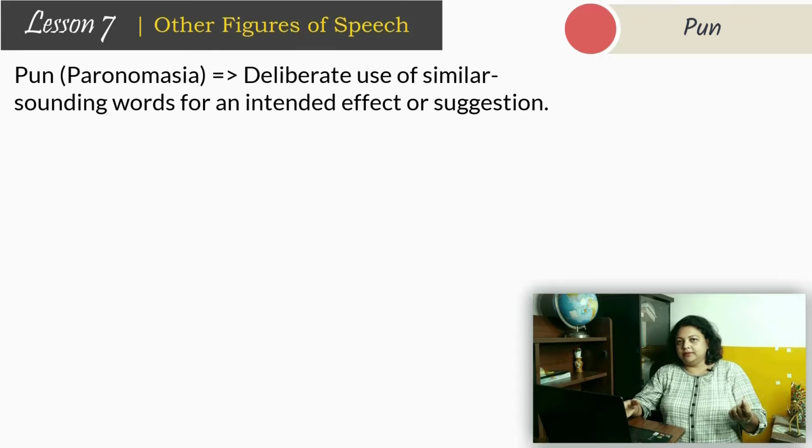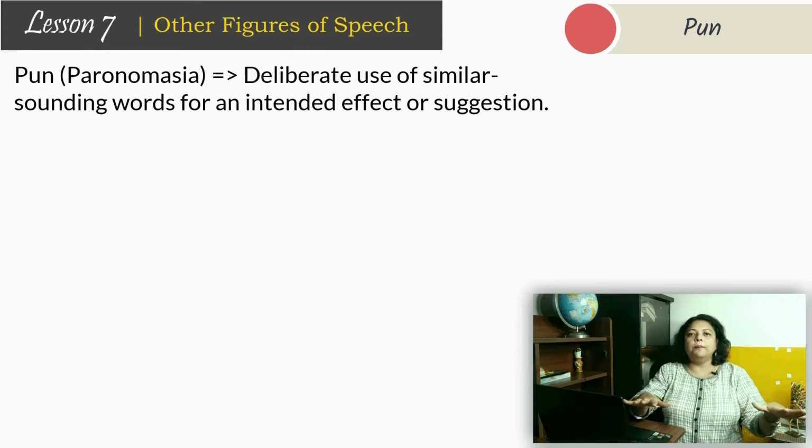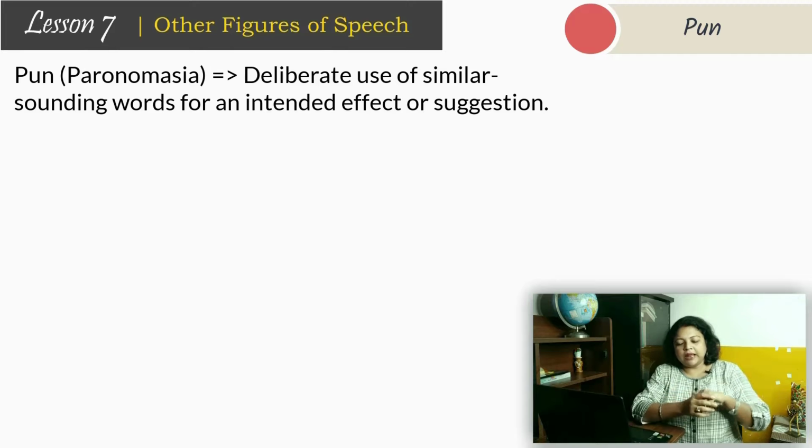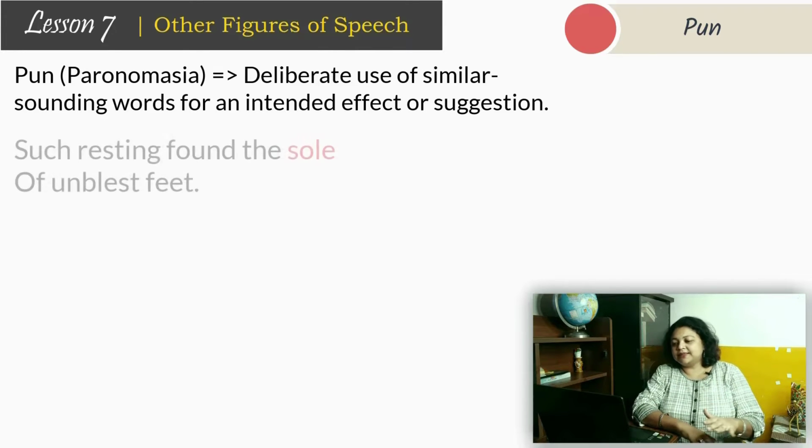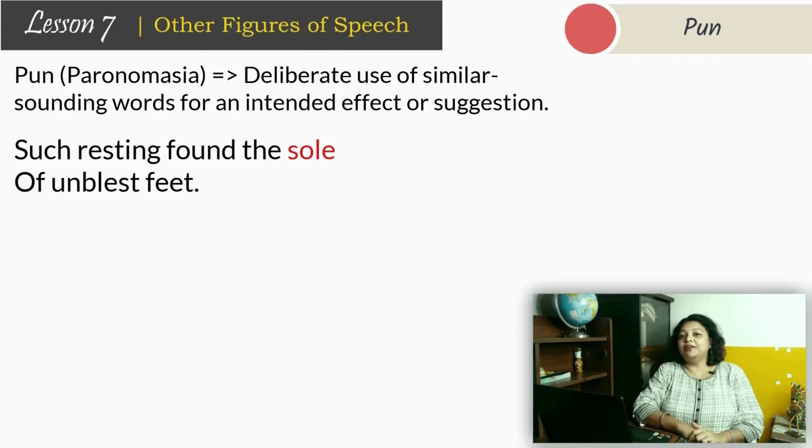The moment Satan in Paradise Lost reaches the plain of hell, which is also a burning place, and he feels a lot of fire and puts his foot down, Milton says, "Such resting found the sole of unblessed feet." Sole of a foot means the portion of the foot which is touching the ground.